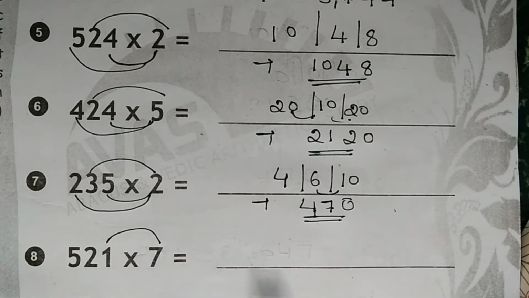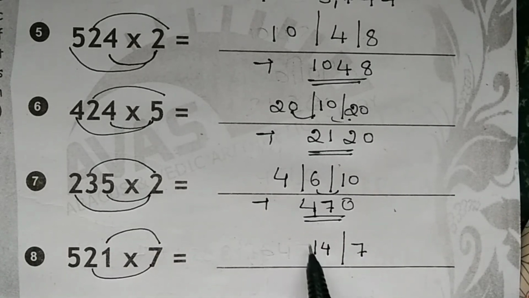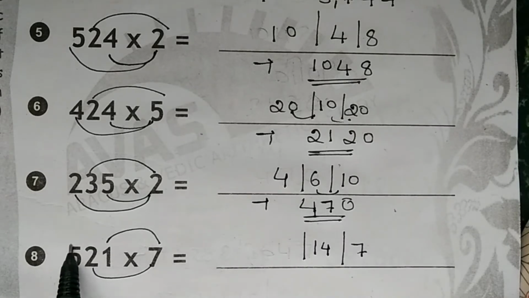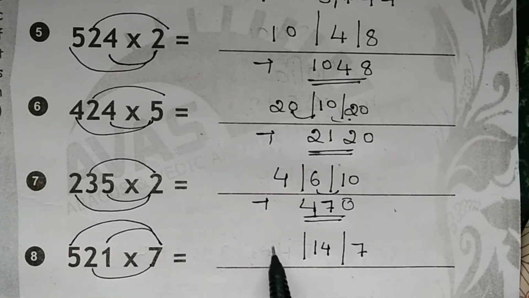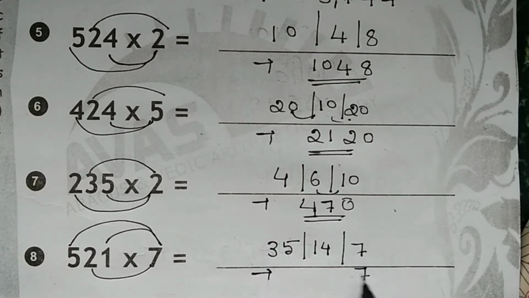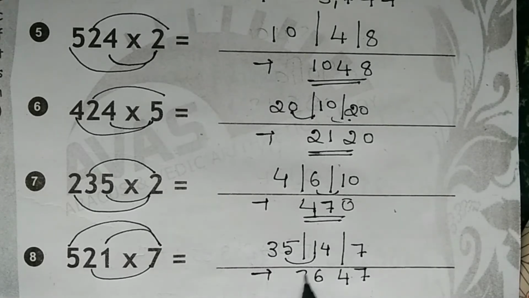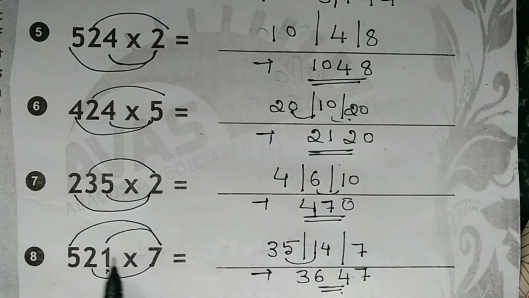Then here 7 and 1 is 7, 2 and 7 is 14, 5 and 7 is 35, the last digit 7 as it is, then here 4, 5 and 1 is 6, remaining 3, 3647.